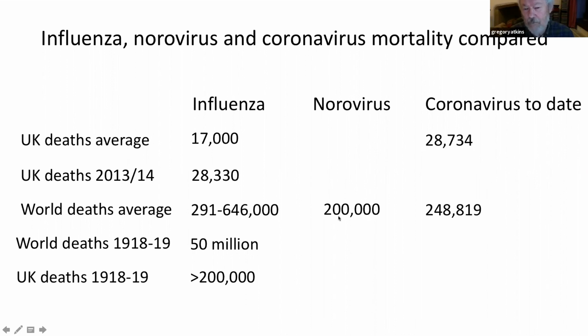Norovirus kills 200,000 people a year, and these are mostly children actually, not adults. In 1918, the flu virus killed 50 million people worldwide. And in the UK, it was well over 200,000 when the population was only 42 million. So you can see how these compare.